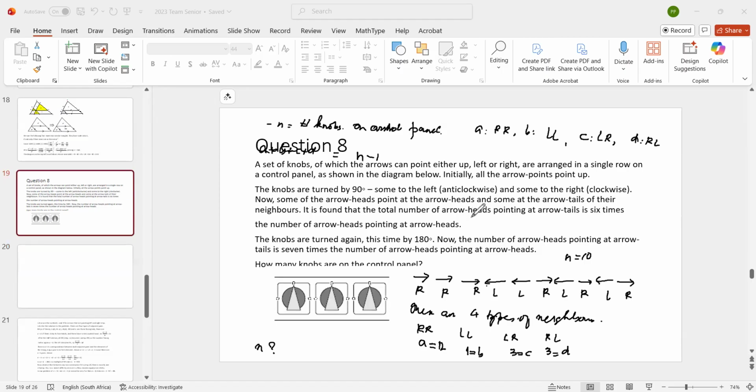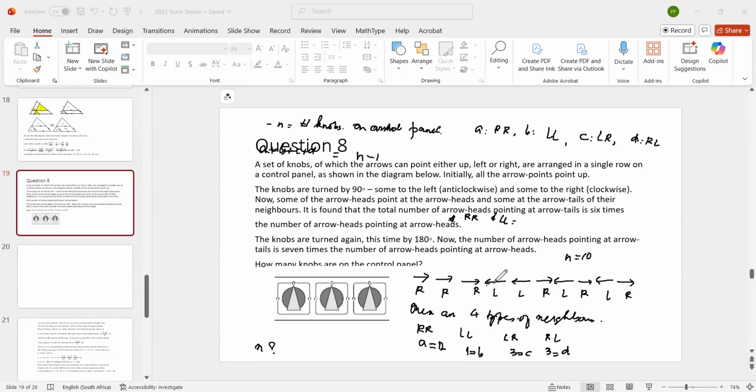It is found that the total number of arrowheads pointing at arrow tails. Now, the arrowheads which point at arrow tails are the RR ones, and the LL. Yeah, the LLs also, the heads point towards the tails. So this number here is equal to 6 times the number of arrowheads pointing at arrow tails.